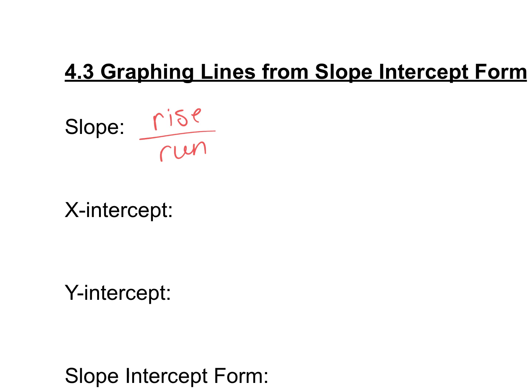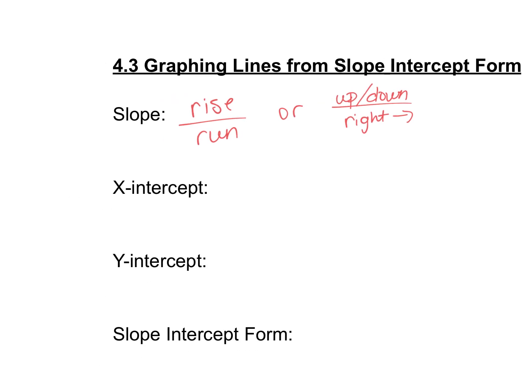Or another way that has been helping students: the top number tells you to go up or down, and then the bottom number is where you go right. That's the run. When I say run, I mean you're going to the right.